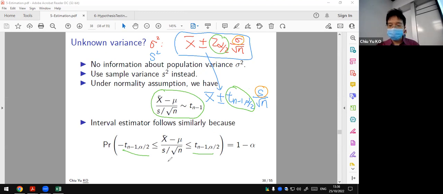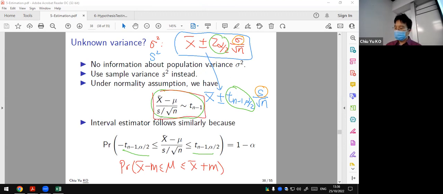The same idea: the question is asking to construct this interval, asking what's the probability that mu is between x bar minus m and x bar plus m. You do the same operation and everything is done, except you apply this in the very last step.